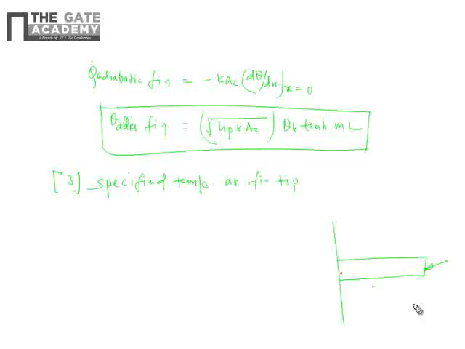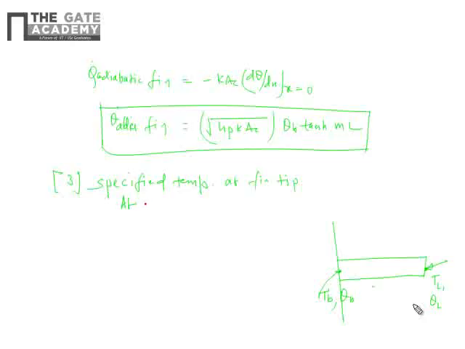This surface is known as the base surface, as we have discussed earlier, and its temperature, let us say, is Tb and the tip temperature is TL, and we denote the temperature differences as theta b and theta L.